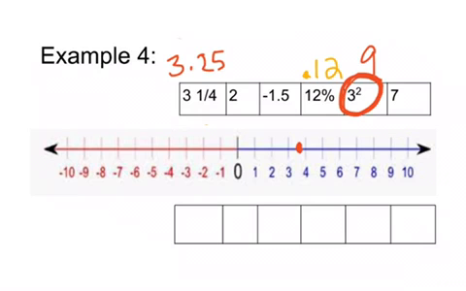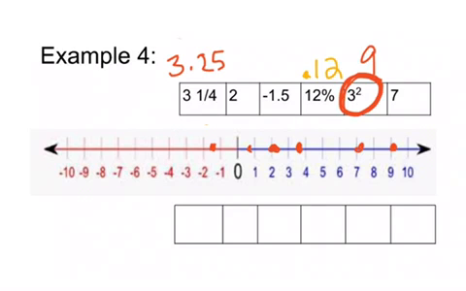Then we have the number 2. It's right there. Negative 1.5 is here. 12% is between 0 and 1. 9 is here. And 7 is here.